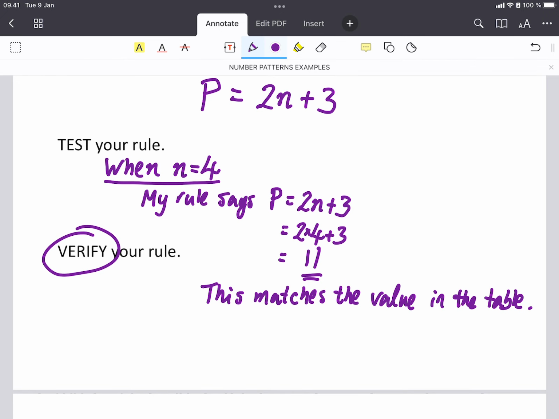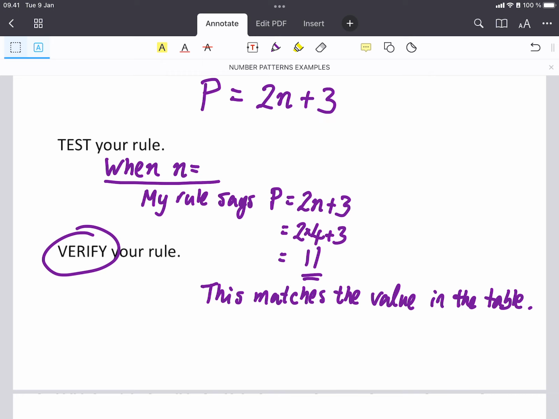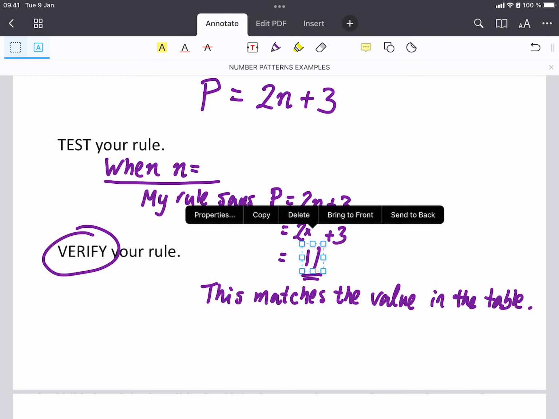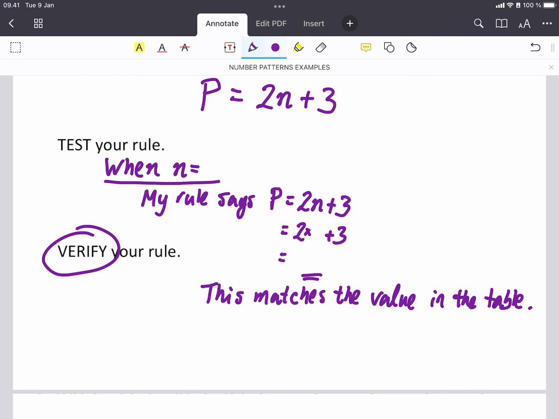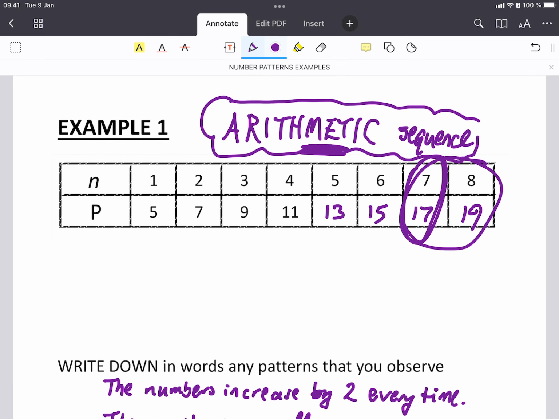So when n equals 7, my rule says P equals 2n plus 3, which will be 2 times 7 plus 3, which will be 17. And that matches the prediction I made by just adding 2 every time.